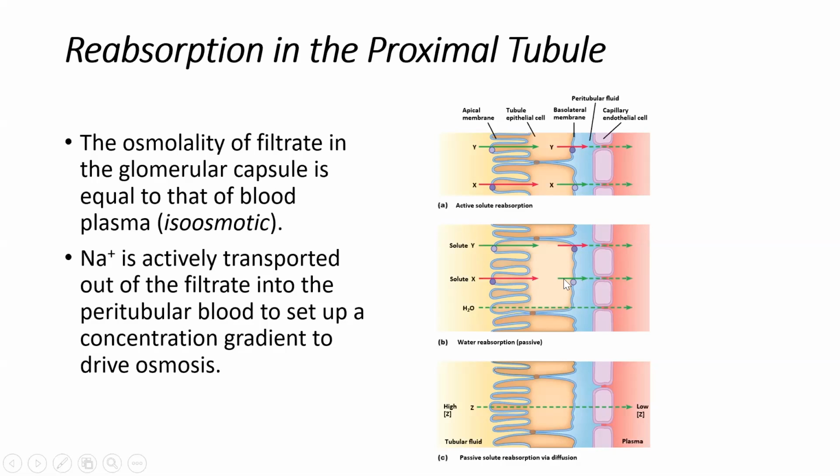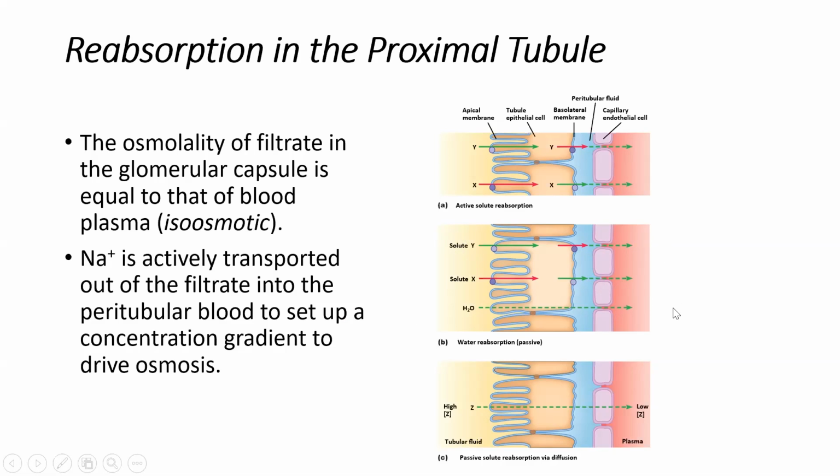We've got to go through the basolateral surface of the epithelial cell. We've got to go through the peritubular space, which is this gap in between the cell, the tubule, and the capillary. And then eventually we have to go across the endothelial cell that's lining the capillary. But at first, we start off with an isoosmotic situation, meaning that the filtrate has the exact same solute and water concentration as the plasma.